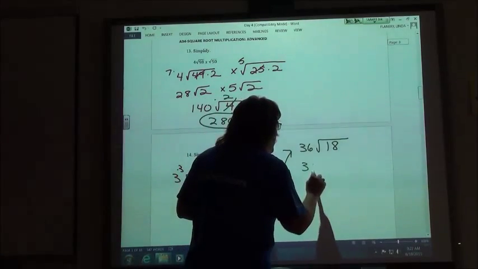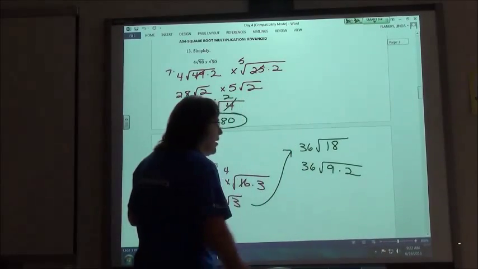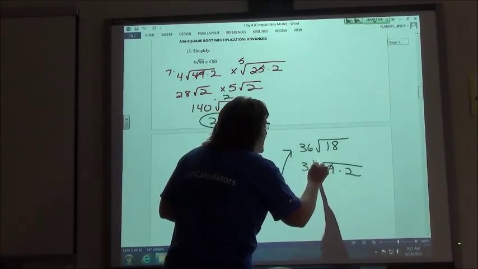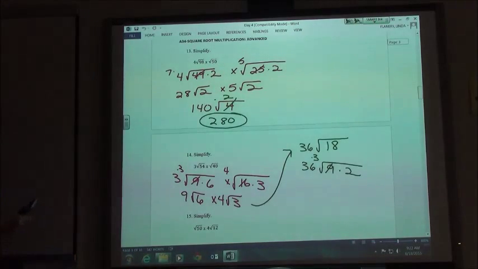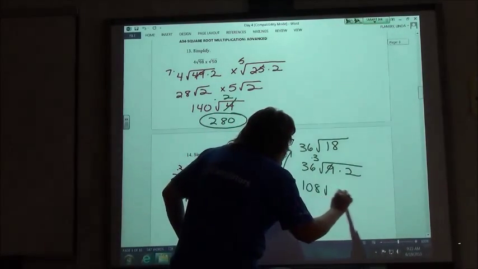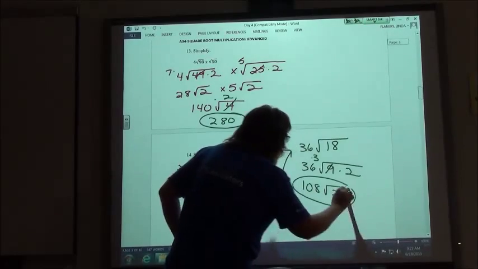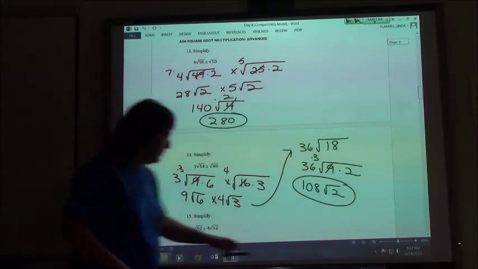So I say, oh, this is 36. 18 is 9 times 2. The square root of 9 is 3. And so I have to take 36 times 3, 108. So I get 108 times the square root of 2. And now I've got my answer as simplified as I can get it.